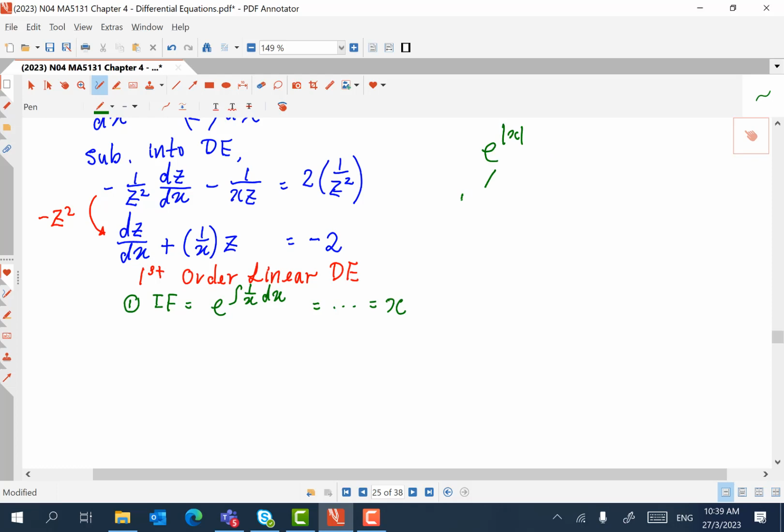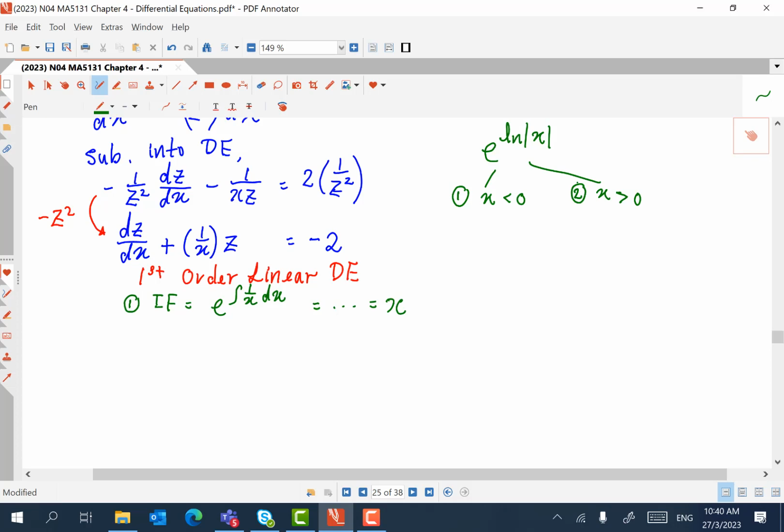Okay, two cases, right? If x is negative, if x is, okay, let me erase this and write it. Okay, let's see what happens again.